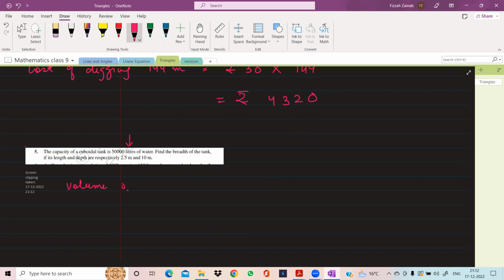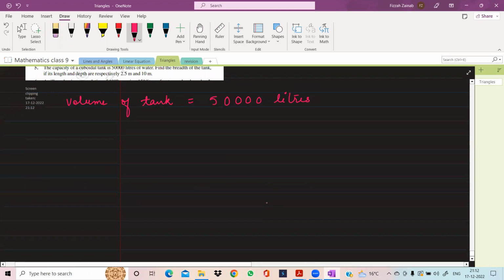So volume of tank is given, right? So this is 5 into how many 0? 1, 2, 3, 4. 1, 2, 3, 4 liters. Clear? Now, as you can see, length and breadth are given in meter. So you have to convert this liter into meter. Okay, first of all. So you know the conversion.